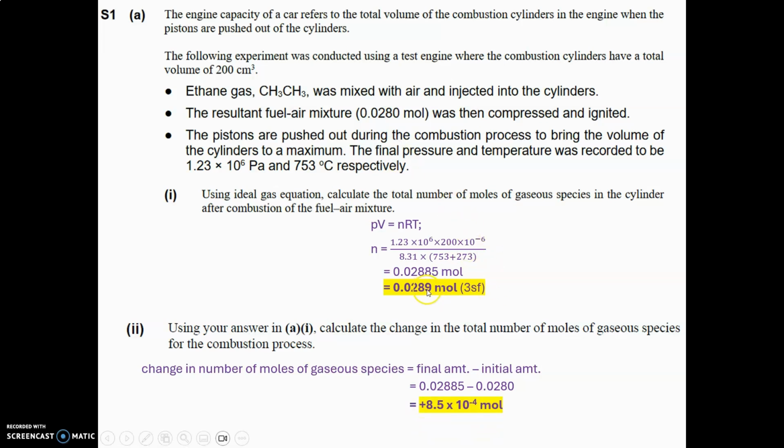If you use the rounded off version, you'll get positive 9.0 times 10 to the power of negative 4 moles. And since the question is asking you for change, a change can be a positive change, which is an increase, or a negative change, which is a decrease. So the sign is important here.